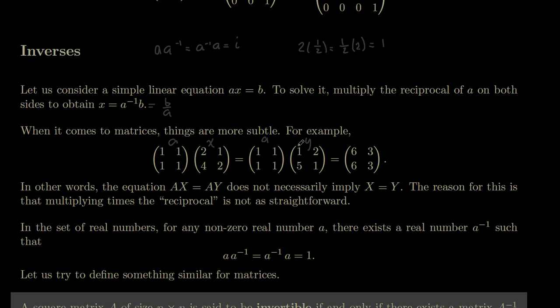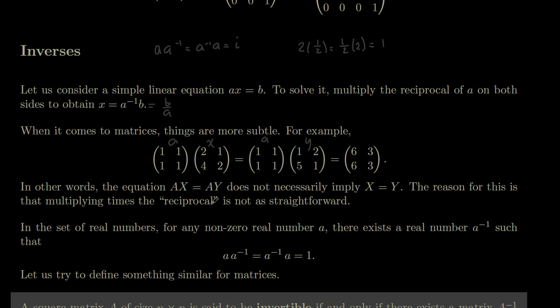Unless you're Chuck Norris, as we have established. However, this A, even though it's not 0, it's 1, 1, 1, 1, it will sort of be like a 0 for us. In that it doesn't have an inverse or a reciprocal, but in our case it's an inverse, because there's the reciprocal we use for real numbers.